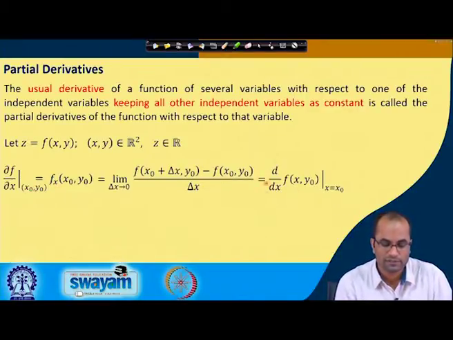We can also understand this as follows: in the function we have kept y0 as constant and are taking the usual derivative.